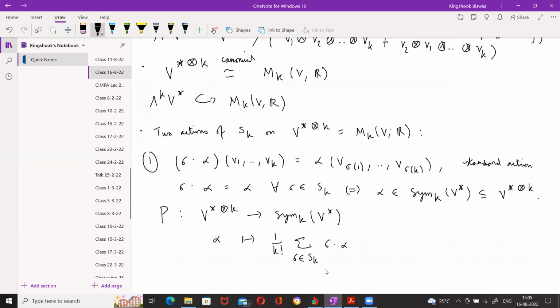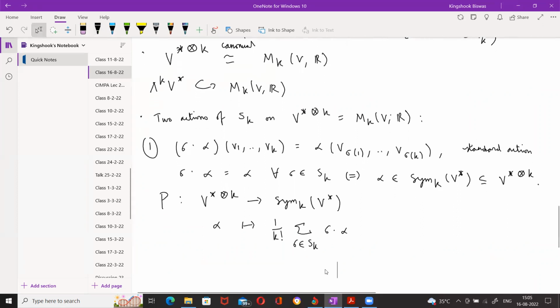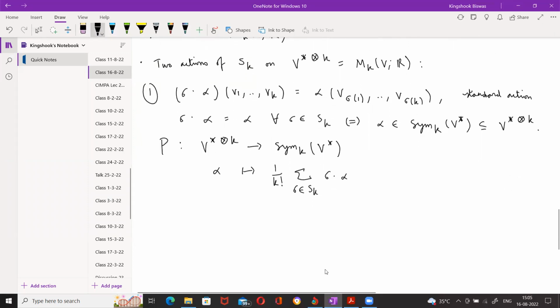So for every k-tensor alpha, this will give you a symmetric k-tensor, right? Okay, and this is a linear map and it's a projection. If I apply this to something which is already symmetric, it will give me back the same tensor. So P squared is equal to P, right? Yes. Okay.